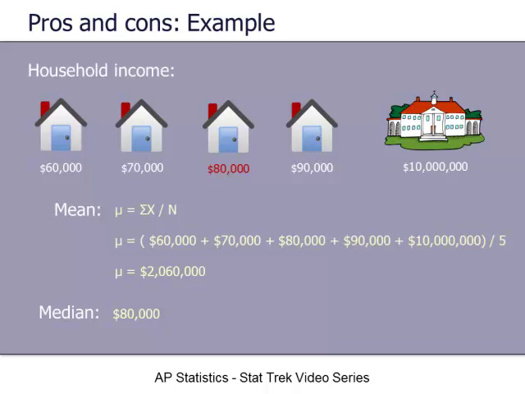So in this example, it looks like the median is a better indicator of typical household income. This example illustrates the point we made earlier. When you have a small sample with an outlier, the median is often the better measure of central tendency.